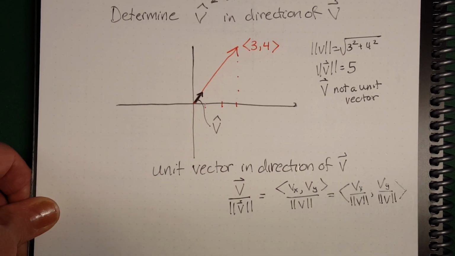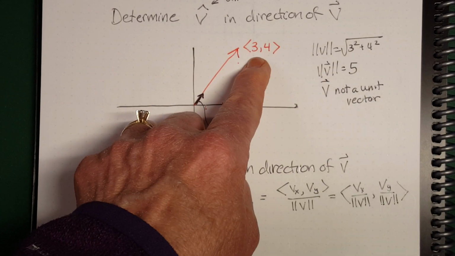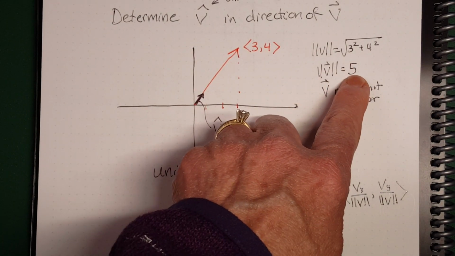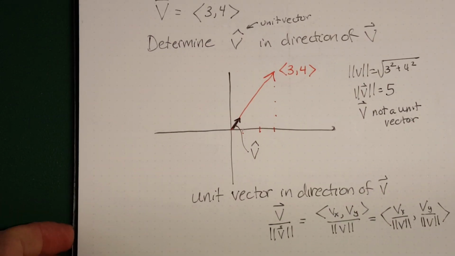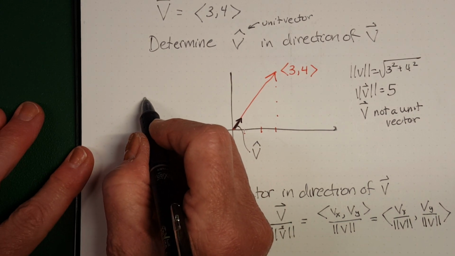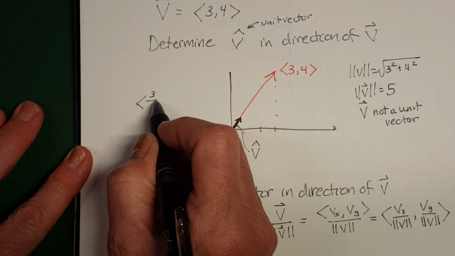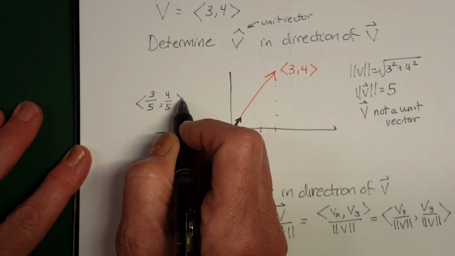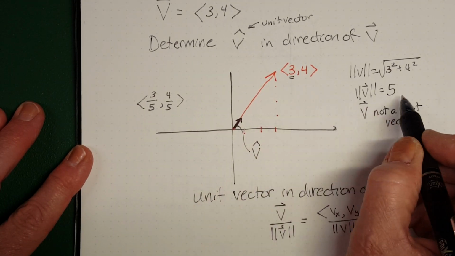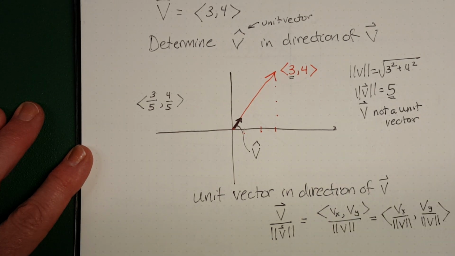So if I go back to the example we have above, we have 3, 4, and we have a magnitude of 5. And so this little unit vector in the direction of vector v is going to be 3 over 5, 4 over 5, because I'm going to take the component and divide by the magnitude.